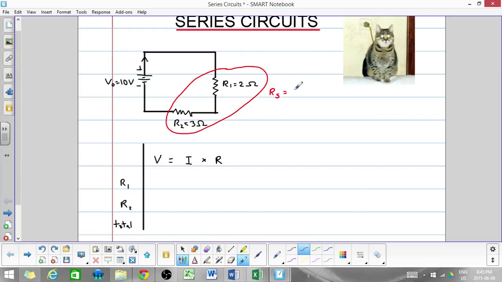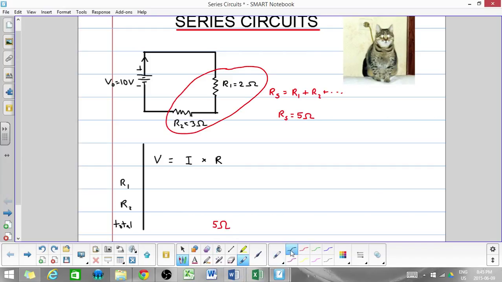The effective series resistance is R1 plus R2, and keep going for however many resistors you have in a row. And therefore, for this circuit, the total resistance is going to be 5 ohms. All right, so I'm going to write that in the chart. For the total for the circuit, the resistance is 5 ohms.